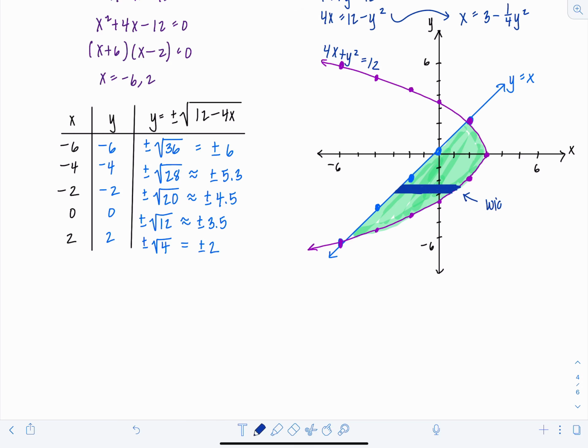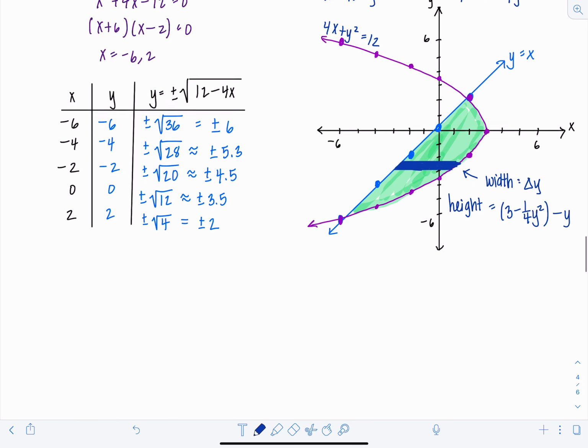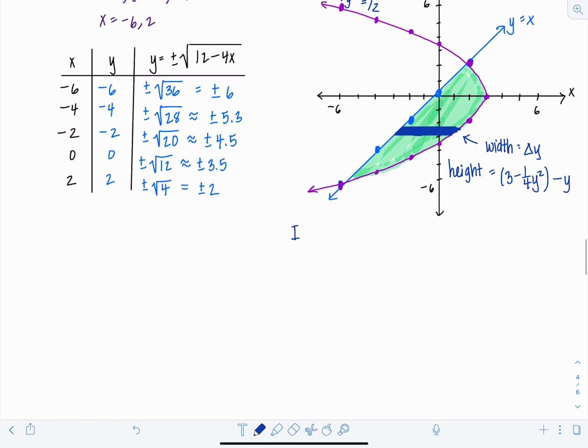The width in this case is going to be delta y, and the height is right minus left. So the graph that's on the left is the line, and on the right I have 3 minus 1/4 y squared minus y.